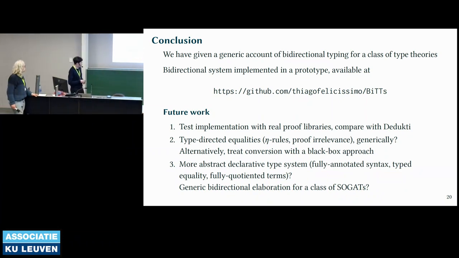So a question that I think is interesting is, can we replay the same thing but with a more abstract declarative type system? So for instance, maybe this could yield a kind of generic bidirectional elaboration for a class of SOGATs. I don't know, I think that this could be an interesting possibility to explore. So yeah, this is what I had to say.